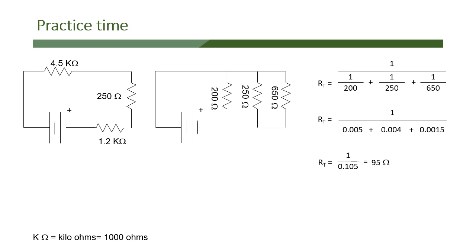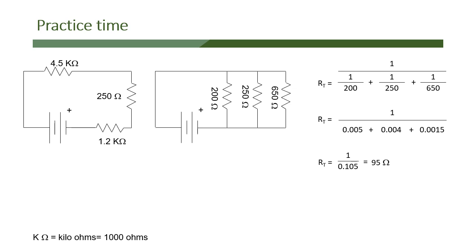Now, if you have a parallel network, what we're going to do is that inversing again. So we have 200 ohms, 250 ohms, and 650 ohms. And you can see we're going to take the inverse of 1 over 200. That's 1 divided by 200, plus 1 divided by 250, plus 1 divided by 650, which gives us 0.005 plus 0.004 plus 0.0015.